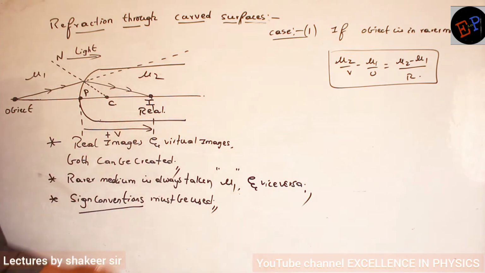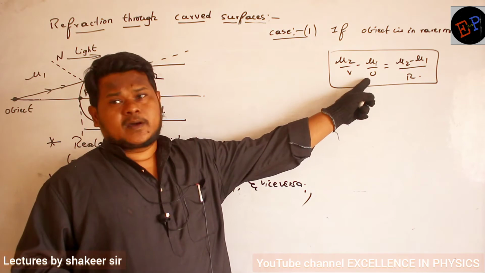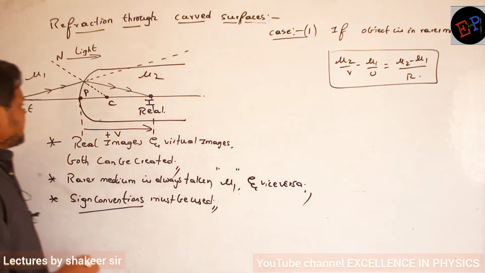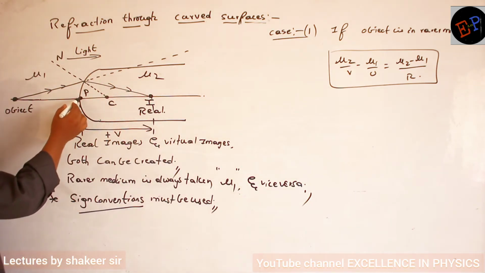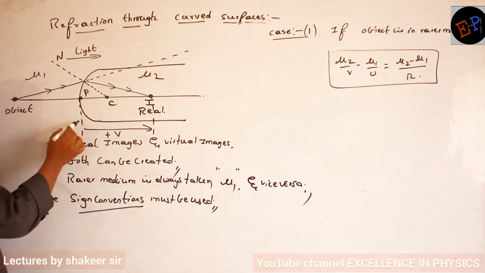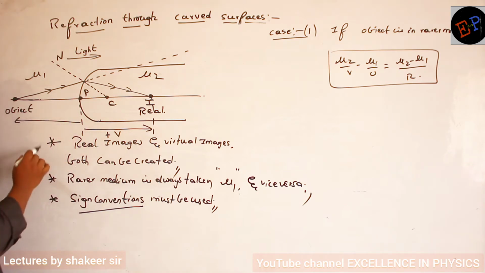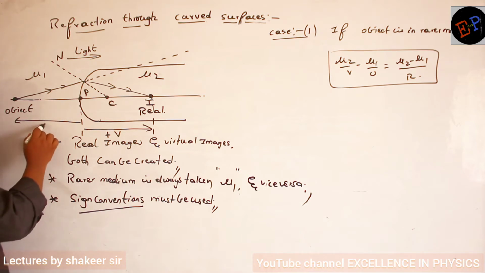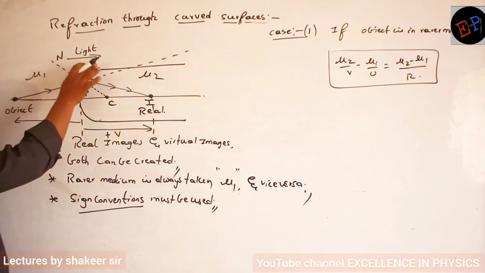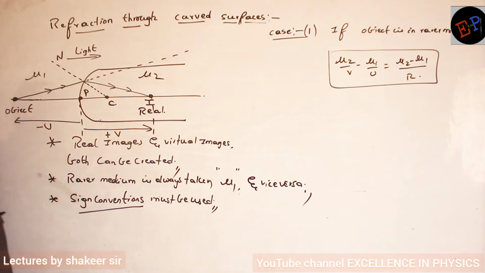Next, what is u? U means object distance. And object distance is this distance. Again, every measurement I have to make from pole only. So plus u or minus u? Minus u. Why minus u? Because light is traveling in one direction, but we are traveling in opposite direction. And which is the radius of curvature?